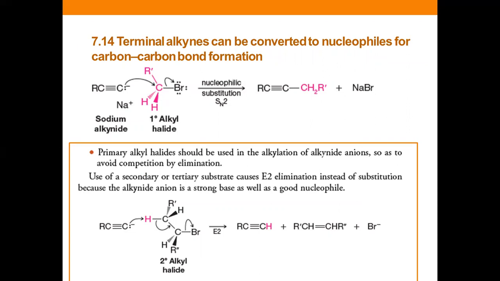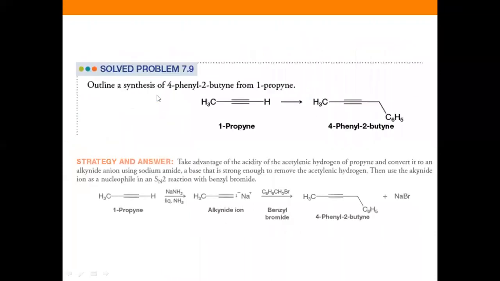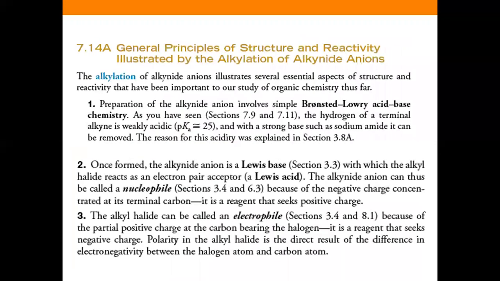An electrophile is a species that contains a partial positive charge and always seeks a negative center. A nucleophile is a species that contains an electron pair, and it always seeks a positive center. So the nucleophile partners with the electrophile. Therefore, the alkyl halide is what we call an electrophile.